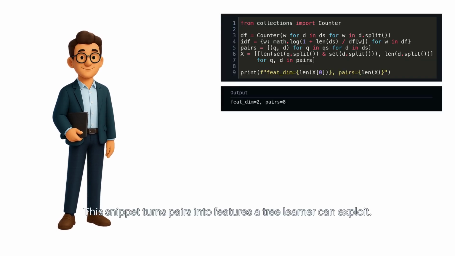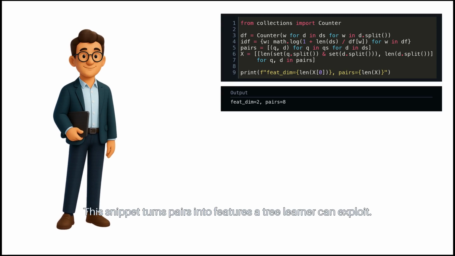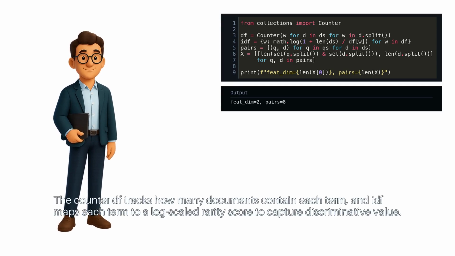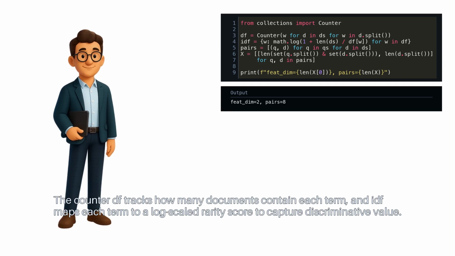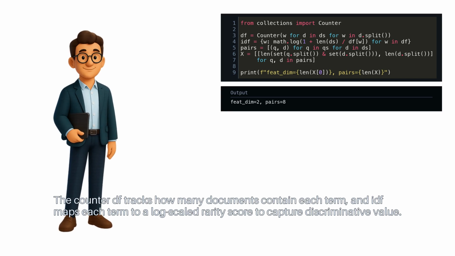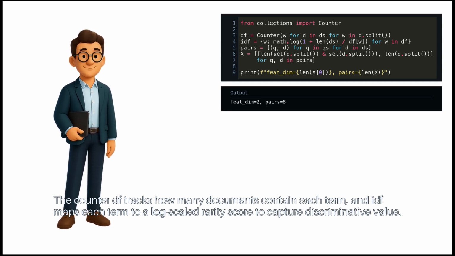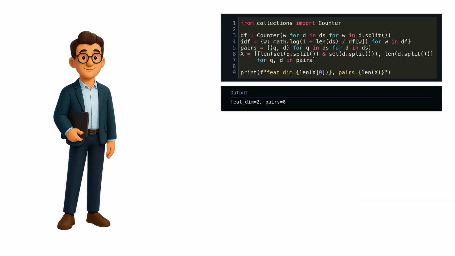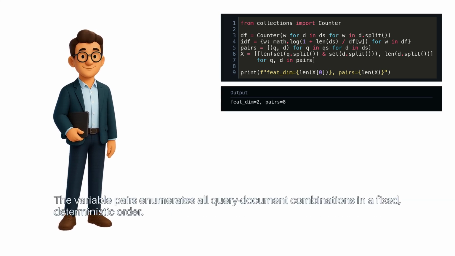This snippet turns pairs into features a tree learner can exploit. The counter DF tracks how many documents contain each term, and IDF maps each term to a log-scaled rarity score to capture discriminative value. The variable pairs enumerates all query document combinations in a fixed deterministic order.